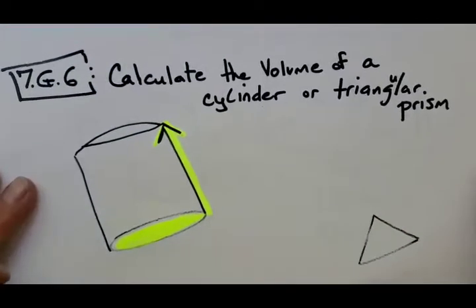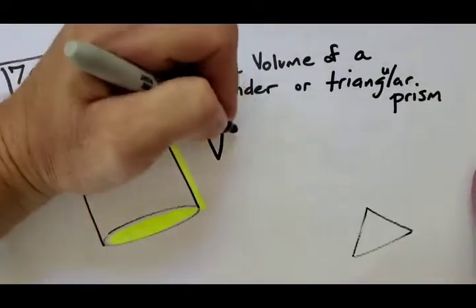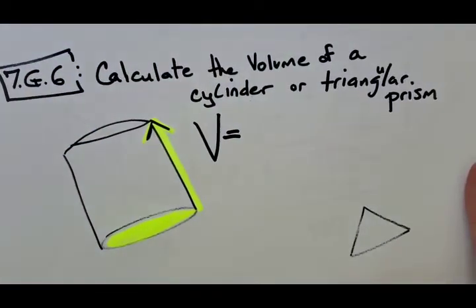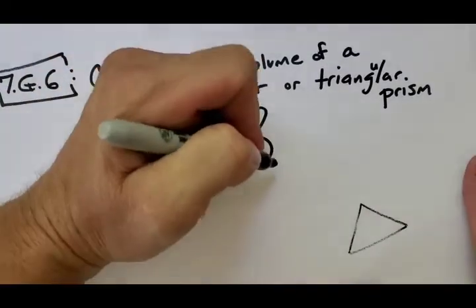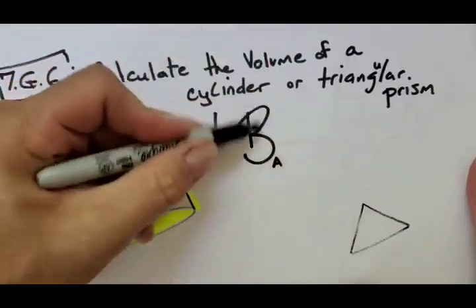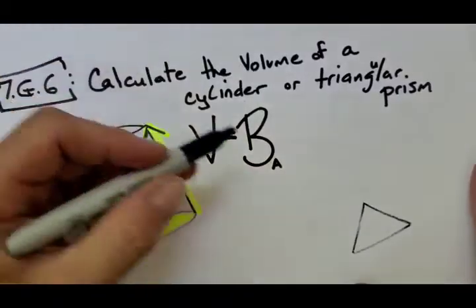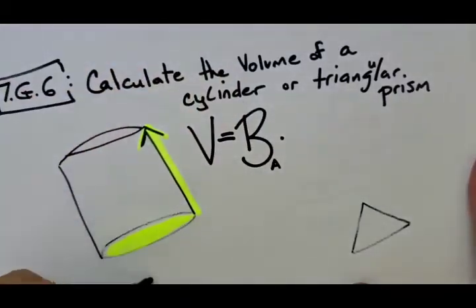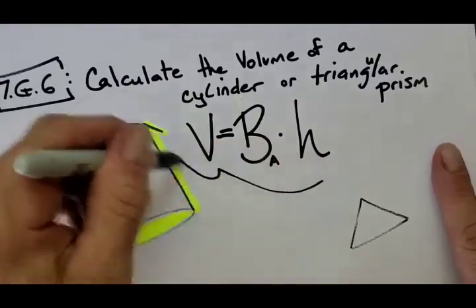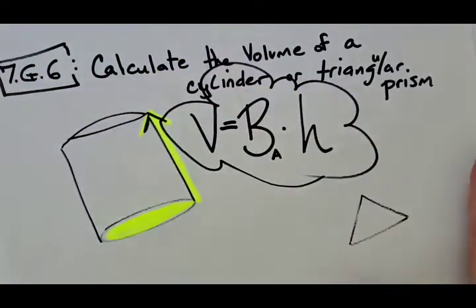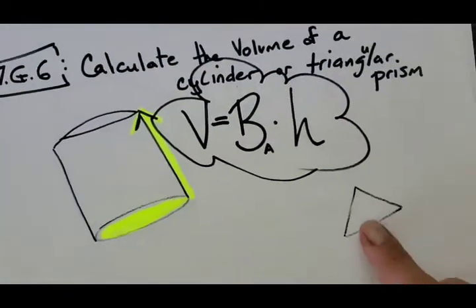So we're going to continue with the same idea that volume is equal to the base area. I'm going to call that capital B for base area. Area of the base times the height of the prism. So that's what we're going to follow again.